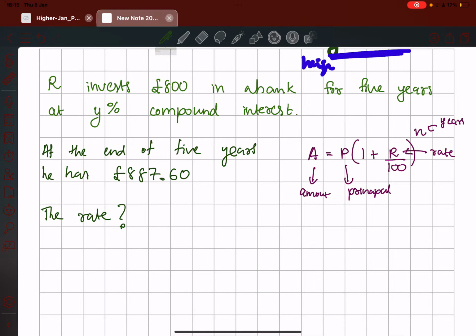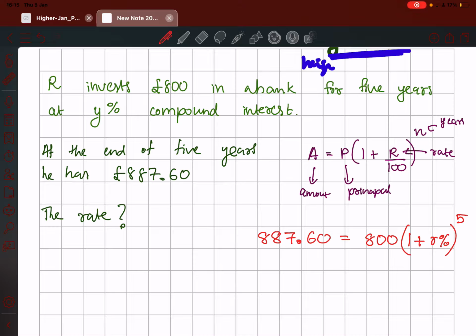All we have to do is pretty easy, plug in. The amount we know is 887.60, which is equal to the amount that I invested, 800, times 1 plus r over 100, that is r percent, to the power of 5.